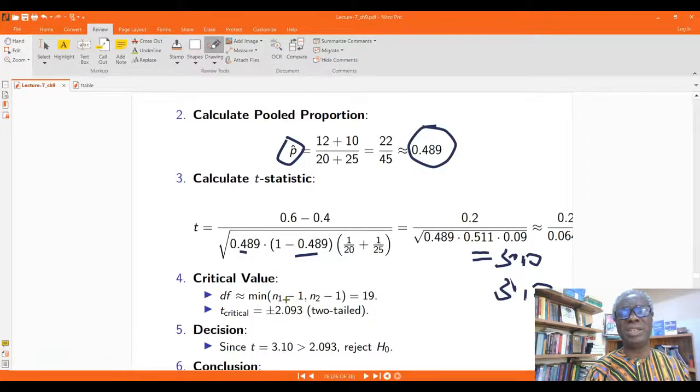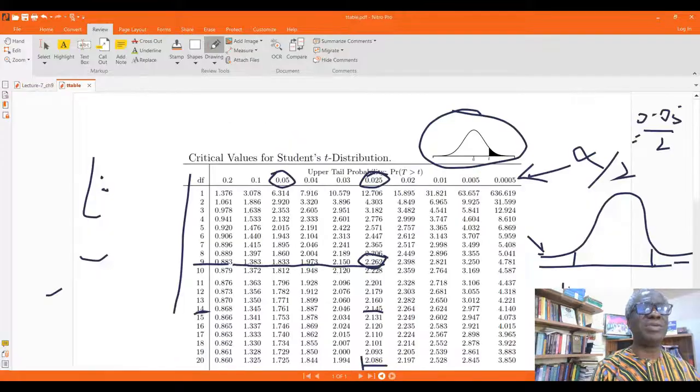N1 is 20, so 20 minus 1 is 19. N2 is 25, so 25 minus 1 is 24. So the degree of freedom is approximately the minimum of the two, and the minimum is 19. So with the alpha value, we can now go to the table and look at 19.